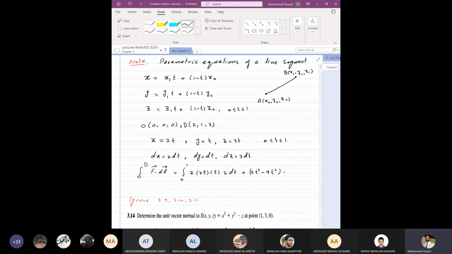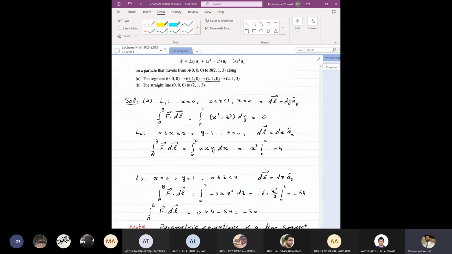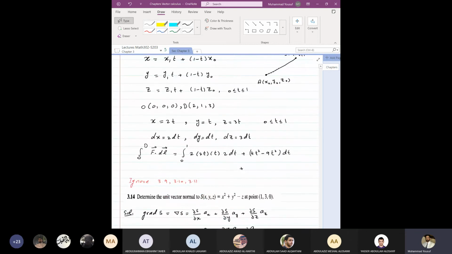And then this is the y component, so here will be dy, and dy is equal to dt, plus the z component, which is negative 3x times z square. Negative 3 times x, which is 2t, times z square, which is 9t square. Then dz is 3 dt.